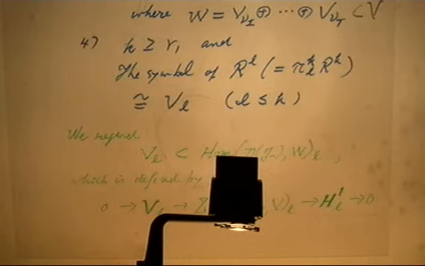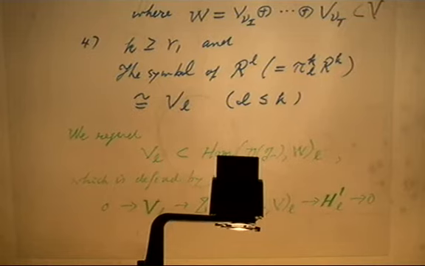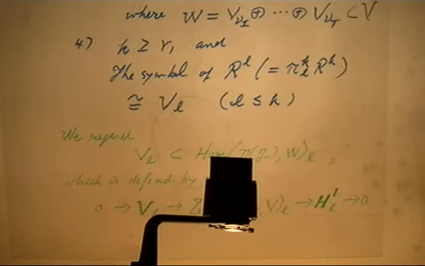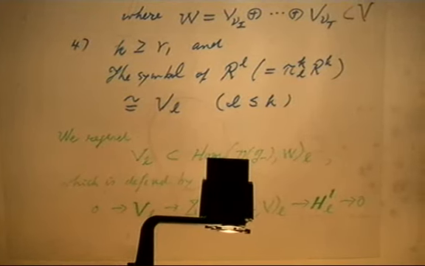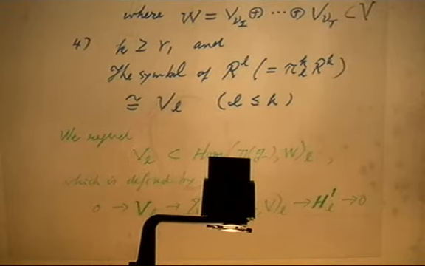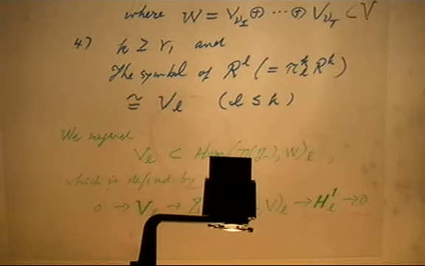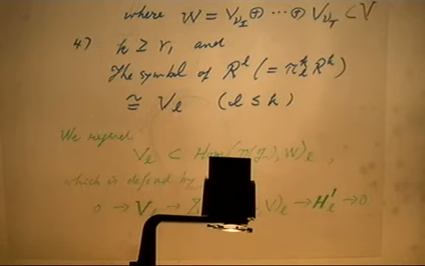Since VL is a kernel of this one, it can be naturally regarded as contained in this one. So in that sense, VL is a subspace here. So the symbol of RL is isomorphic to VL. We have spoken of this statement by this.